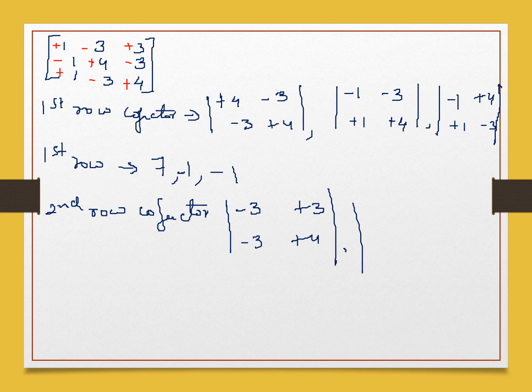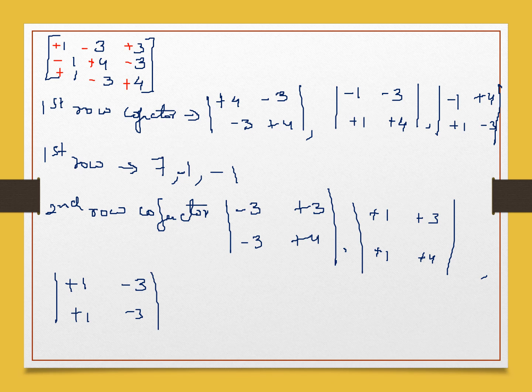Then ignore the second row and second column: plus 1 times 4 minus 3 times 1. Then second row and third column: plus 1 times 3 minus 3 times 1.